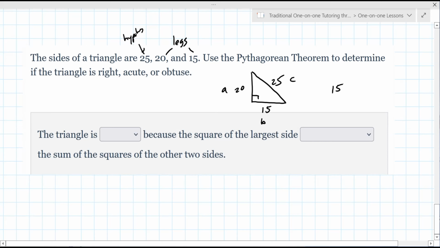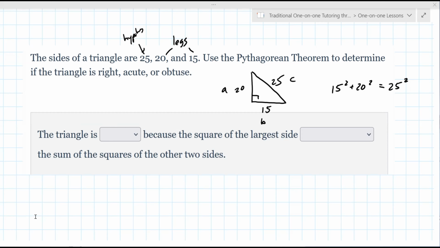Could you do 15 squared plus 20 squared and tell me if that equals 25 squared? Yeah. This works, right?